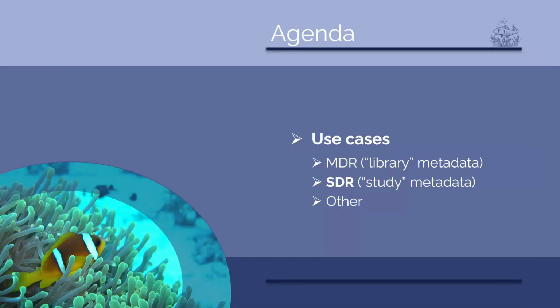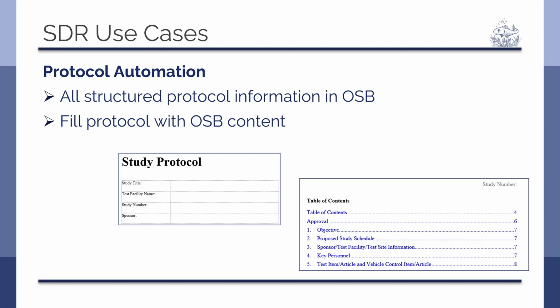Let's now check for some study definition repository reuses. So where do we store and need study metadata? And this is the main purpose of the OpenStudyBuilder, this is for protocol automation. Everything starts with a protocol. So the idea is that you can enter all structured protocol information in your OpenStudyBuilder, and then you can fill the protocol with the OpenStudyBuilder content.